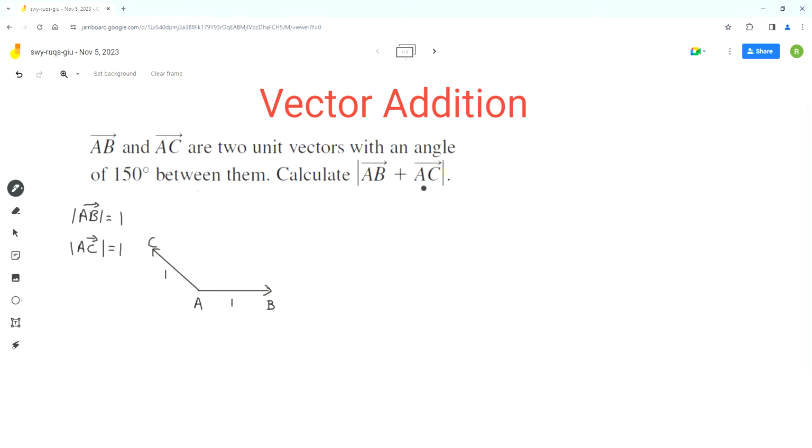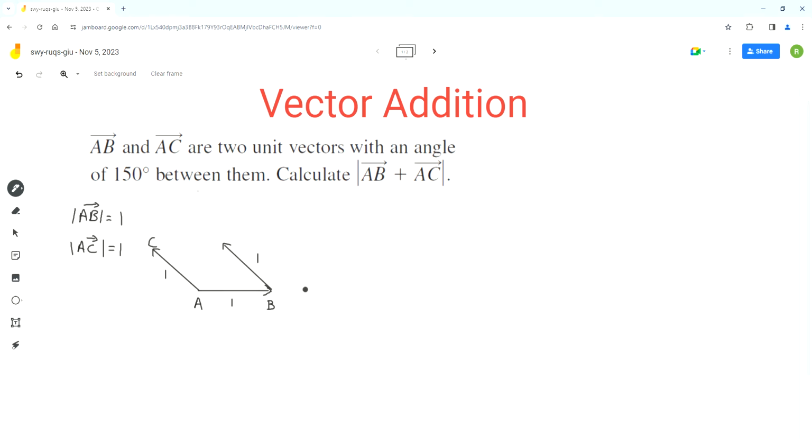So we can use the parallelogram method, because in order to find the magnitude of the sum of these vectors, we should arrange these vectors in tip to tail format. So we'll draw a vector parallel to vector AC from point B. So this vector will also have a magnitude of 1.